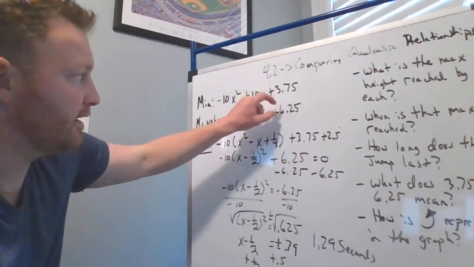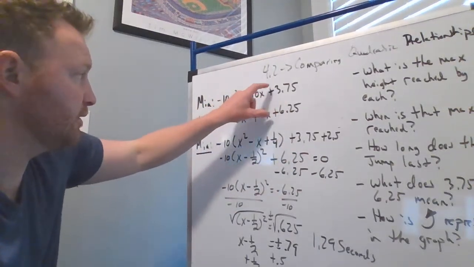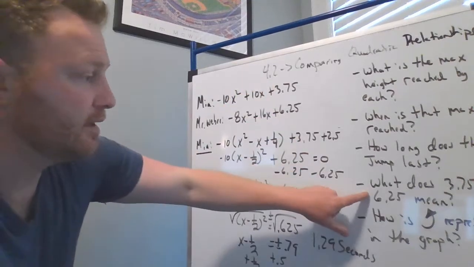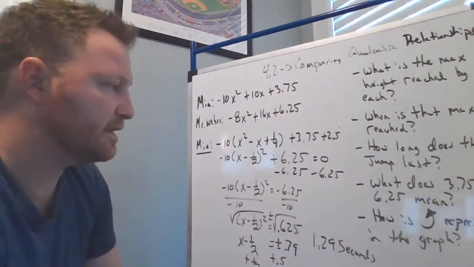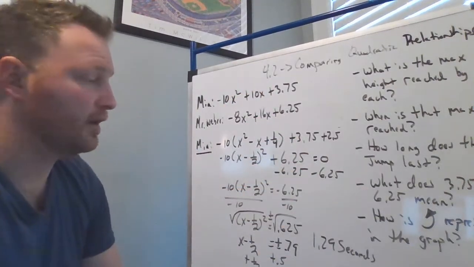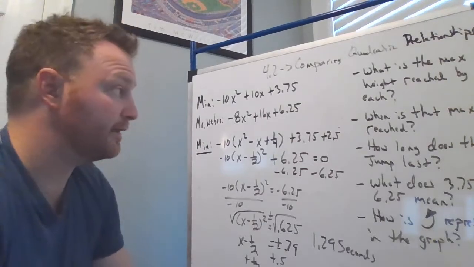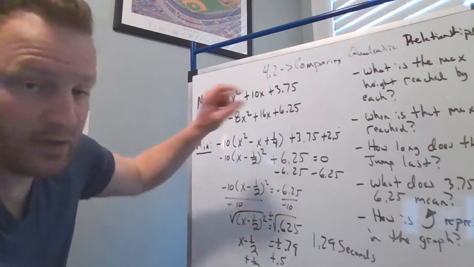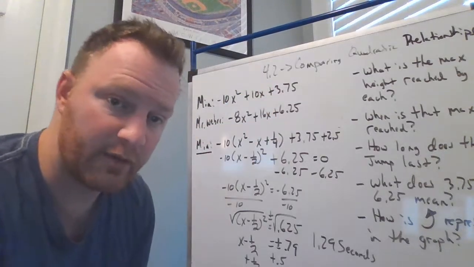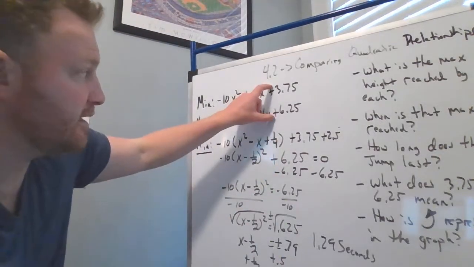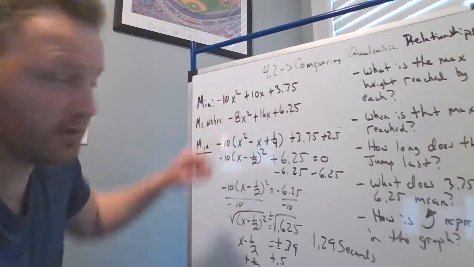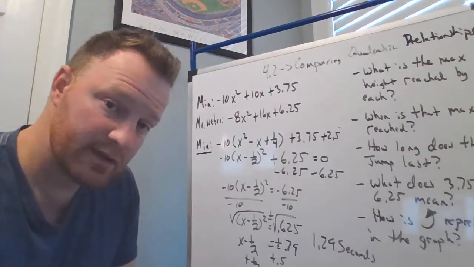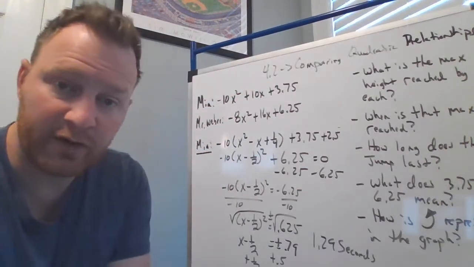The constants, where are they at when we're not jumping anymore? We're exactly this high off the ground, all right? And how is this represented in the graph? Well, if you were to visualize the graph, it's where these numbers are the y-intercepts, okay? We gotta get that through our head. The c's are always the y-intercepts of our quadratics, just like our b's are the y-intercepts of our linear equations.